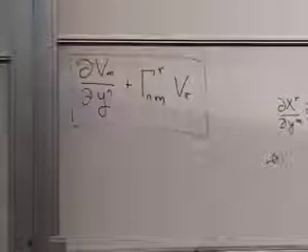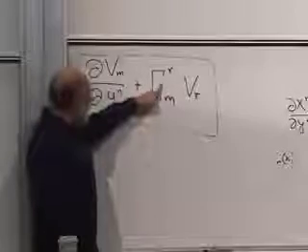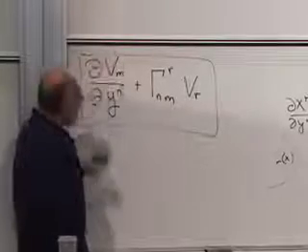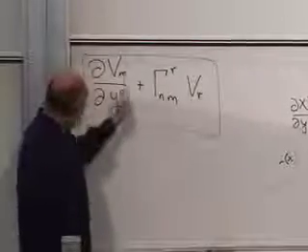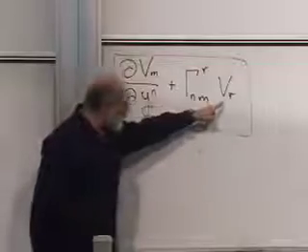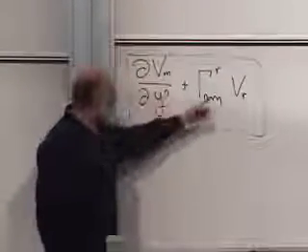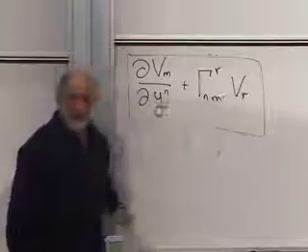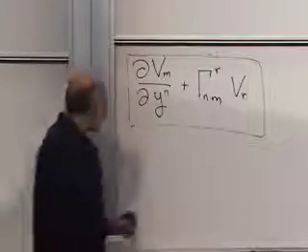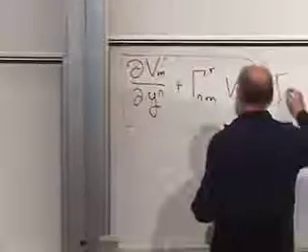We're making a guess that if we could find the right object gamma, we could construct a new kind of derivative of a vector which contains an extra term, not just a derivative, but an extra term, which will make this into a tensor, which we can call T^mn.